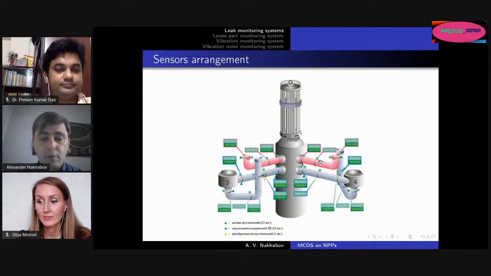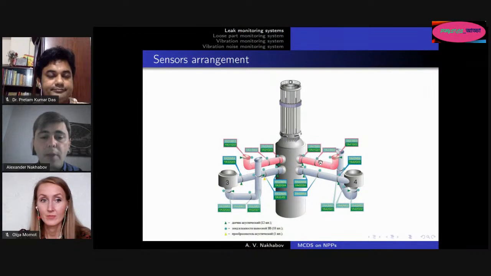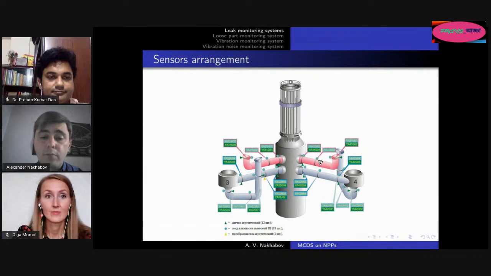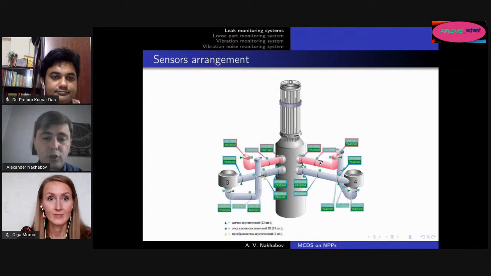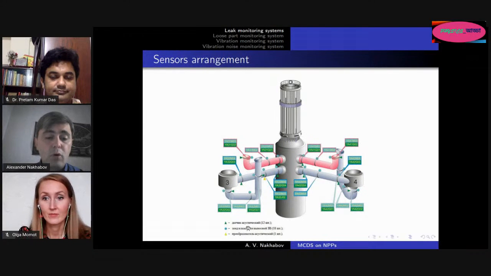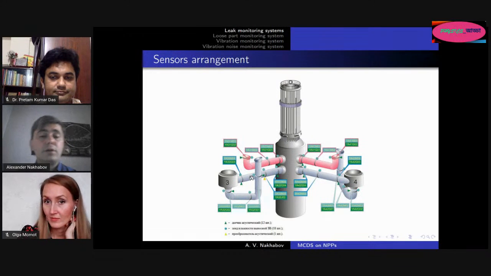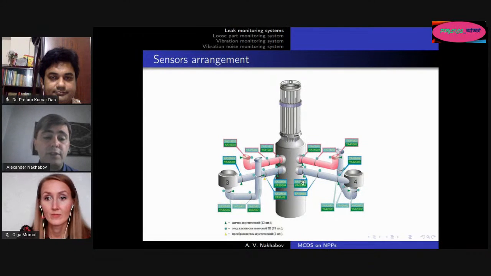There is some probability of this event, but with high probability, of course, leakage will be realized through welded joints. So we will put a lot of sensors of different kinds, acoustical or humidity ones, in different points of our primary circuit. On this slide, you see only 2 loops.